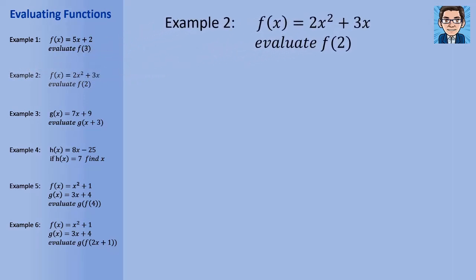Okay, example number 2. We have x multiple times in the function, so we just have to put in 2 for both of those x's. Anywhere there's an x, the variable is going to go in.